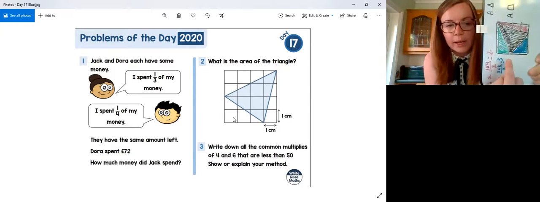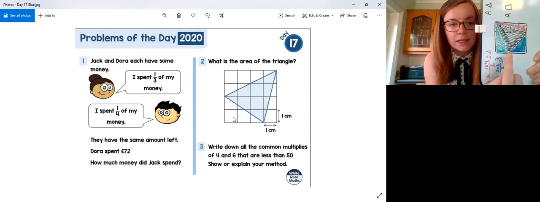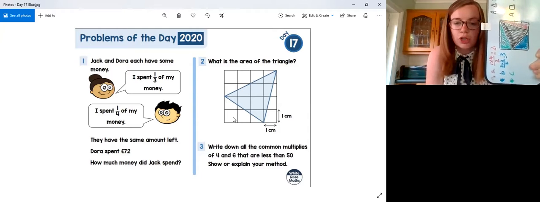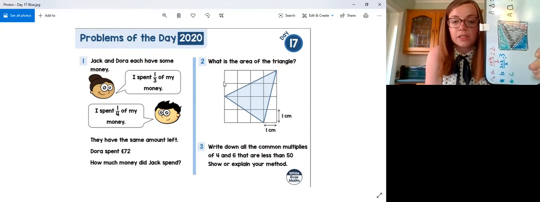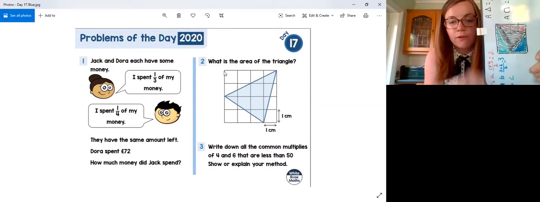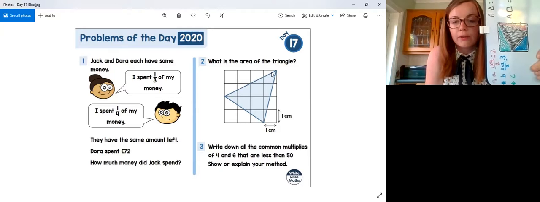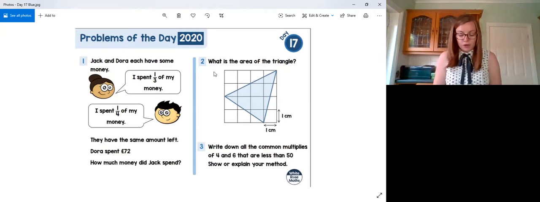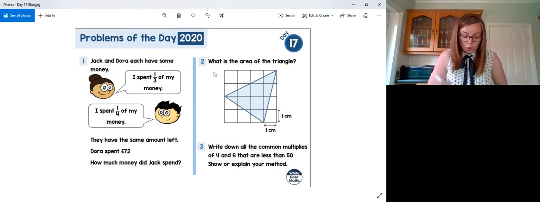If we hold it this way, we can see that our base is 1, 2. And to show you on the original diagram, it's this bit over here. We've now flipped it, so this is on the bottom. So our base is 2 and our height is 1, 2, 3, 4. So now we have 2 times 4 divided by 2. Well, 2 times 4 is 8, divided by 2 is 4.